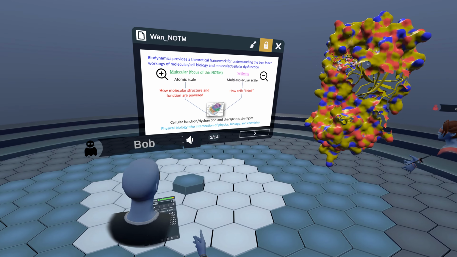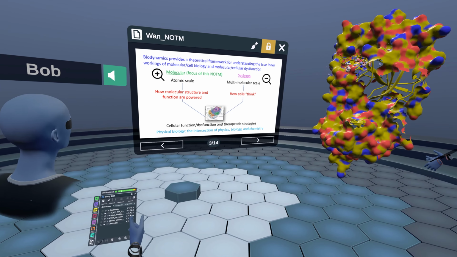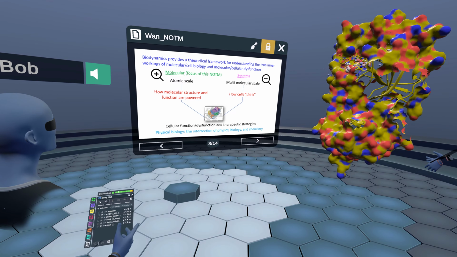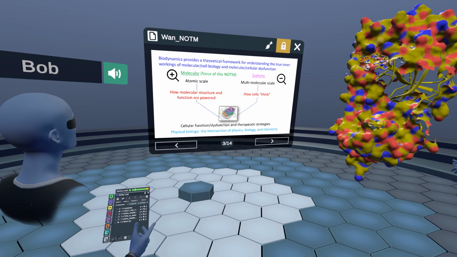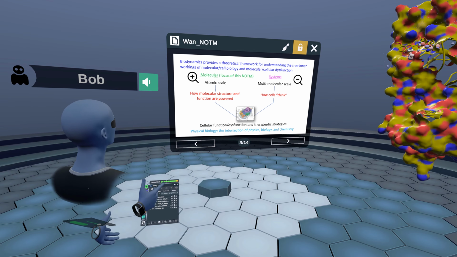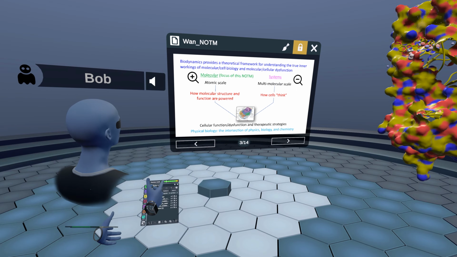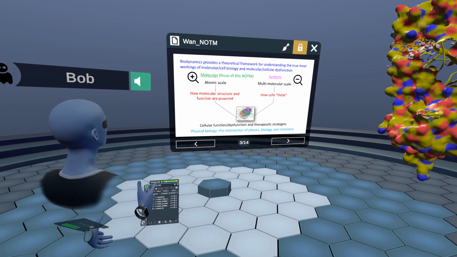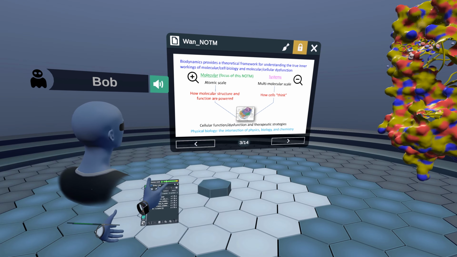So you can see we have this zoomed in atomic scale resolution level, and then we have a zoomed out systems level resolution scale. So biodynamics is a theoretical framework for understanding the actual inner workings of molecular and cell biology and molecular and cellular dysfunction.